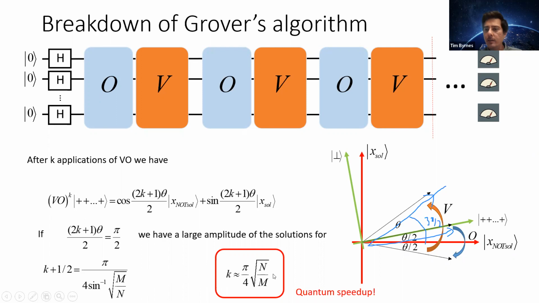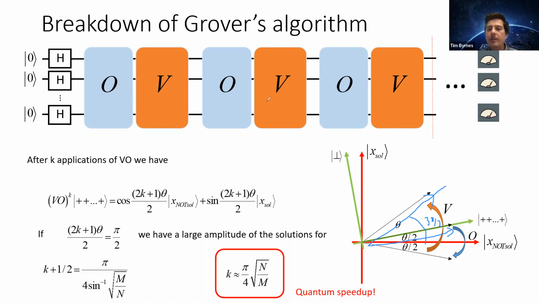So finally we've got to the crunch point. We've figured out how many times we need to apply OV to get our result. Now, the key thing is that we've got a square root here. So the number of times that we have to repeat our algorithm is actually square root of n over m.